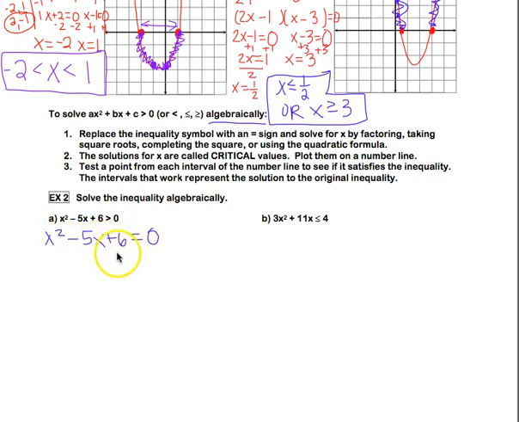There is no GCF here. It's not a special product because 6 doesn't have a perfect square root. The leading coefficient is 1, which tells me it's easy chart factoring. So I'm looking for what multiplies to 6 and adds to -5. So 1, -6 would multiply to 6, but those add to -7.